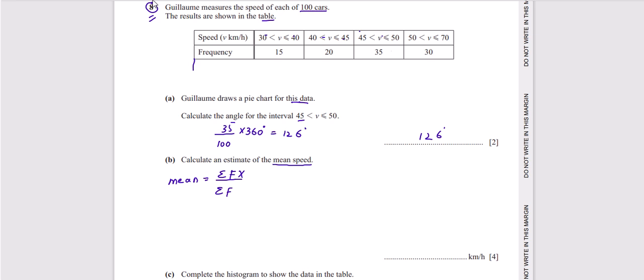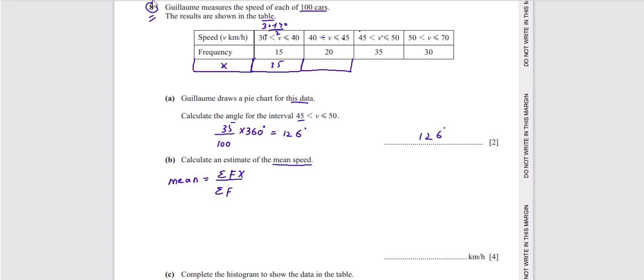We draw another table here. That name is x. X is the midpoint. So first of all, we calculate the midpoint. 30 plus 40 divided with 2, we get 35. Up to so on and like this.